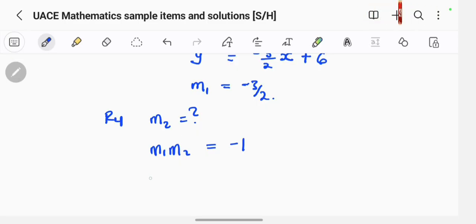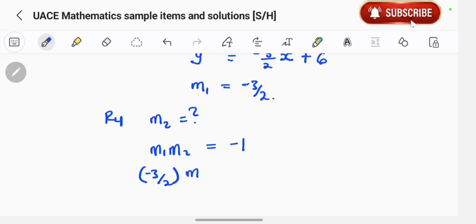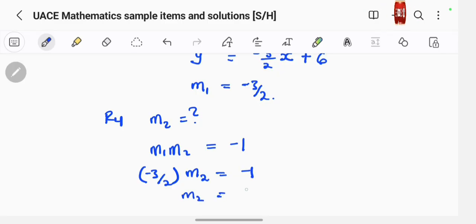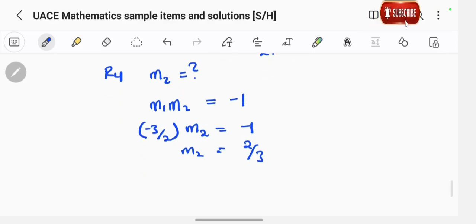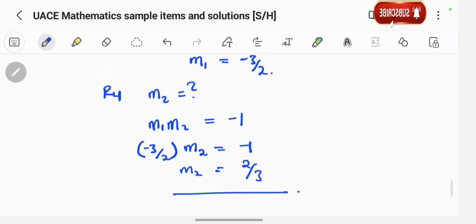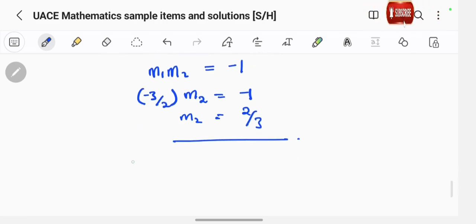So m1 is negative 3 out of 2, and m1 m2 is negative 1, so m2 is the reciprocal of that, and you end up with 2 out of 3. After getting 2 out of 3, I'm going to use that very method we used there, change in y over change in x.